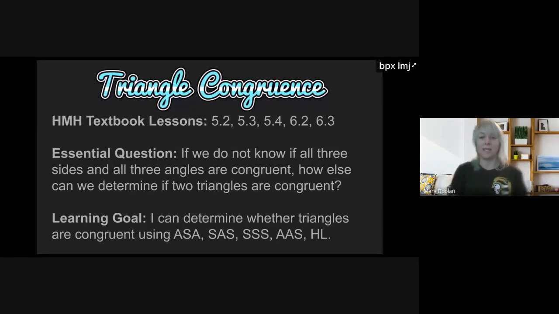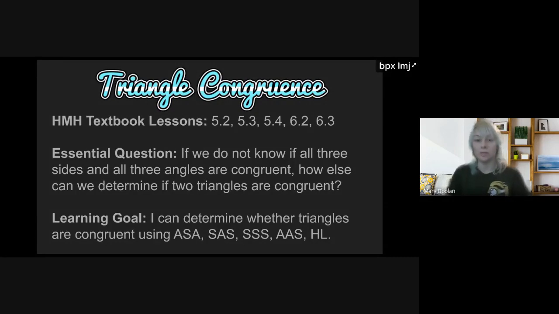That means they have the same shape, the same size. But what I'm showing you today is that you don't actually have to know that all 3 sides and all 3 angles are exactly the same. You don't always need all that information.